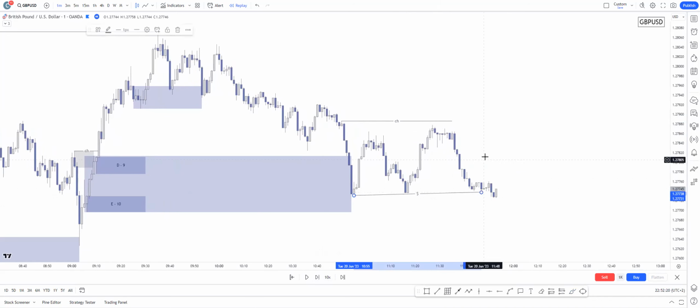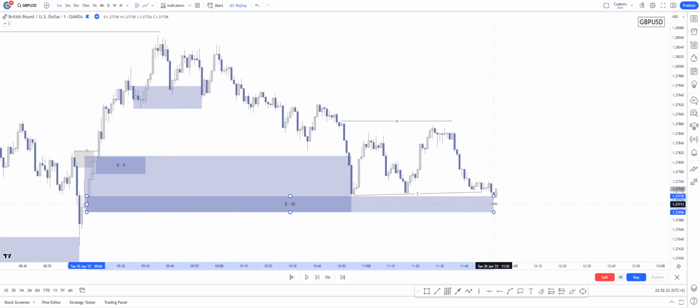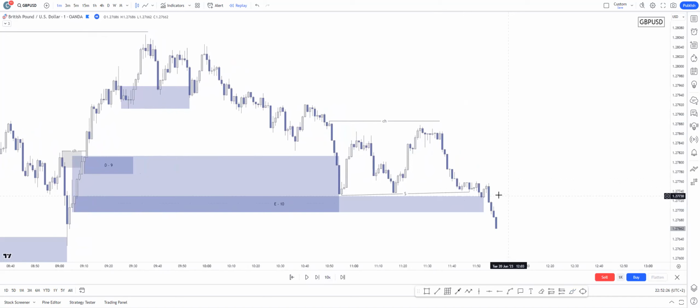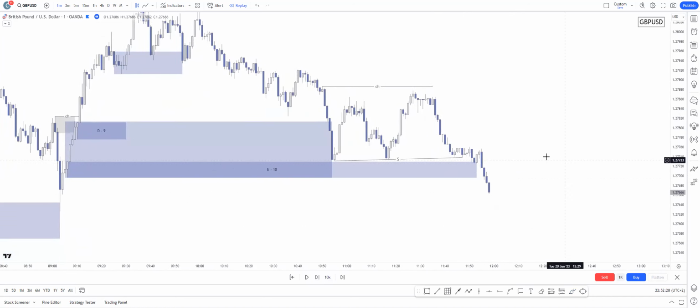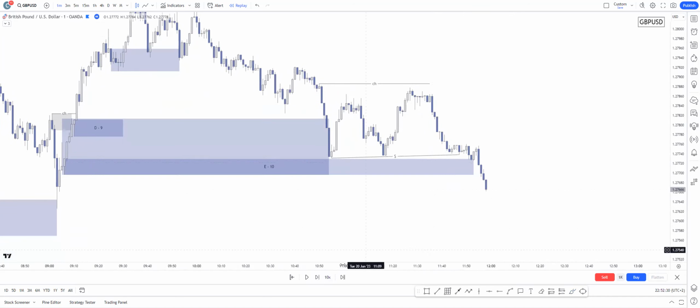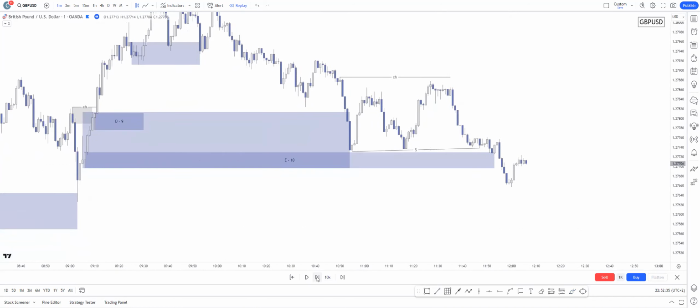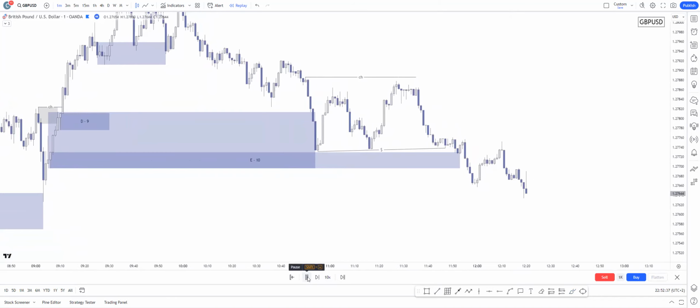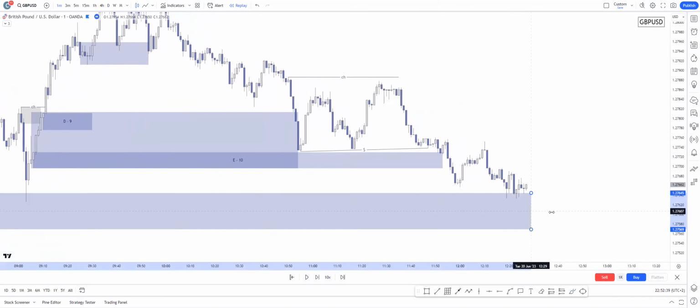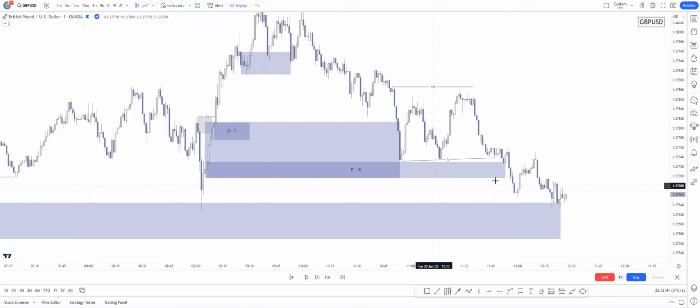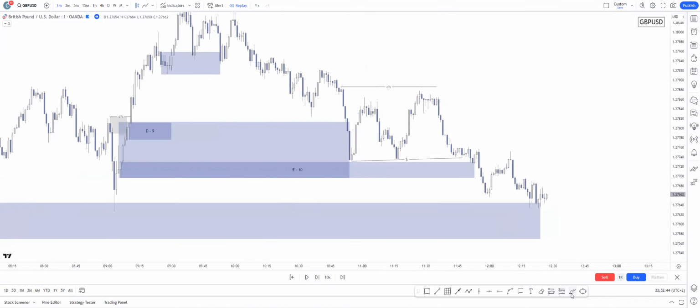Liquidity has been swept out, and price has mitigated the extreme 1-minute area and reacted on it, but it wasn't strong enough to hold the price, and price is just melting to the downside. Probably it will mitigate the lower region of the 15-minute demand area, but the session has already closed right here.